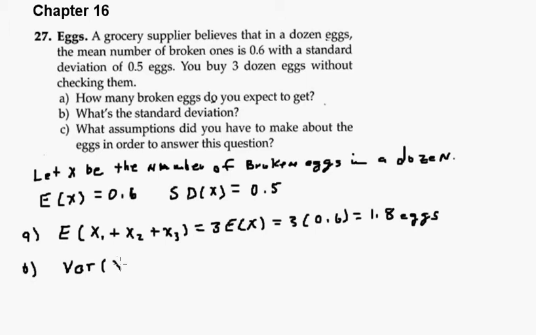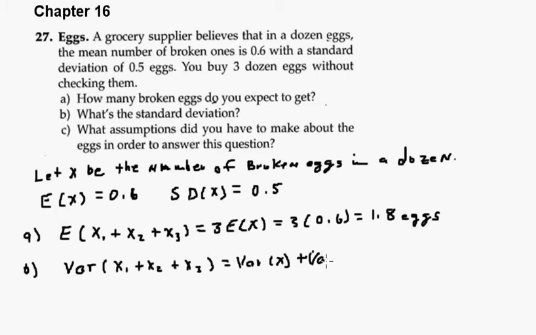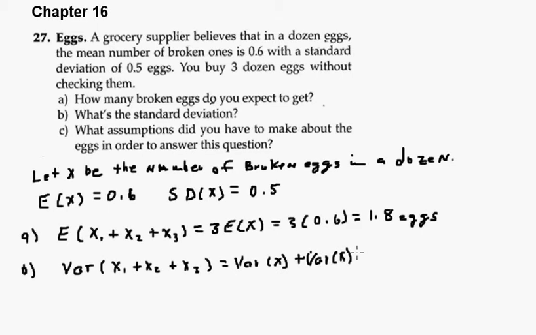We're buying a dozen eggs, and then a dozen eggs, and then a dozen eggs. So that's equal to the variance of x plus the variance of x plus the variance of x.